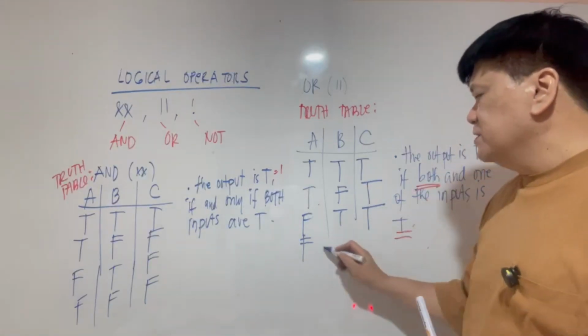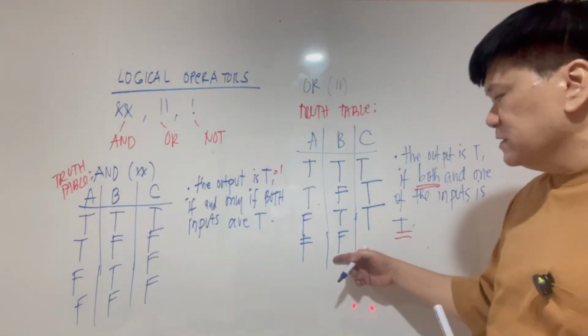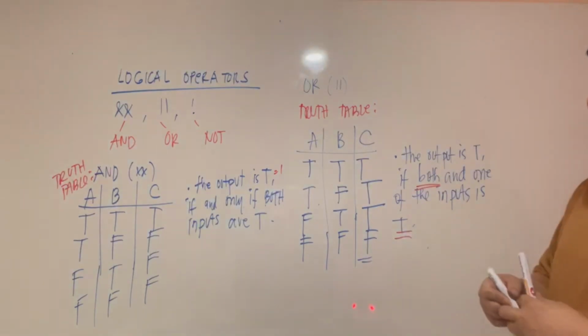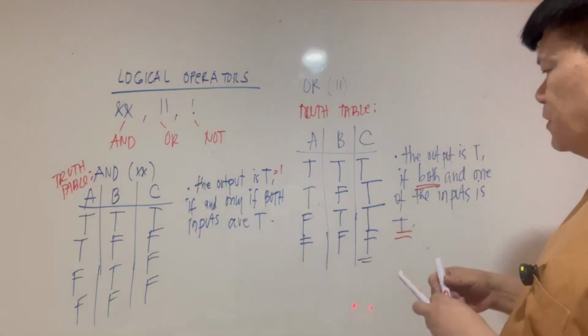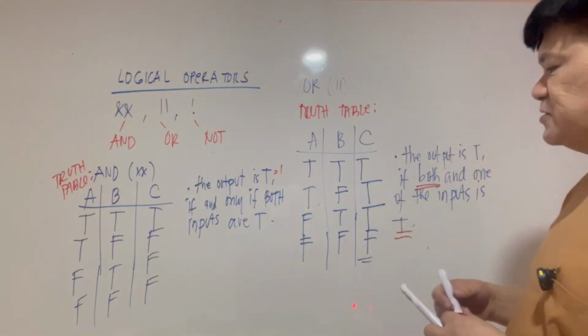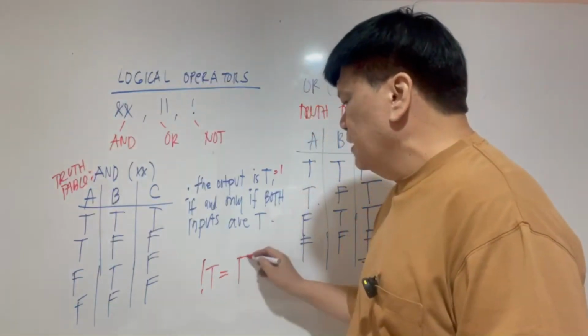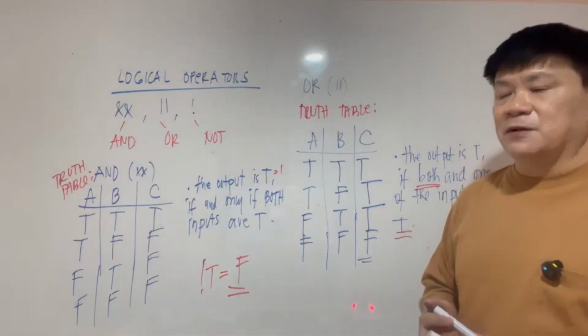And then, of course, if both inputs are false, that will definitely give you an output of false. Now, taking the opposite value, for example, you say not true, that will give you a value of false. So that is for the logical operators.